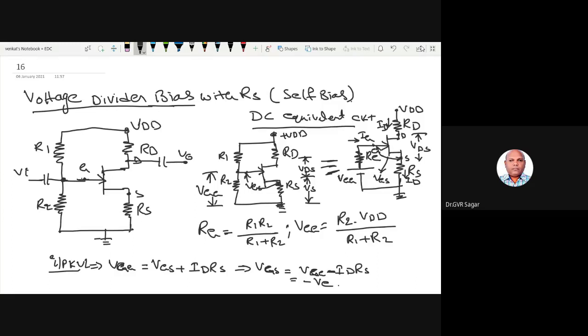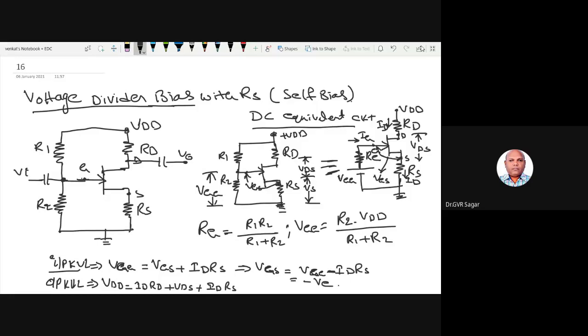And coming to the output cable. So in the output loop, the output law implies that VDD is equal to ID RD plus VDS plus ID into RS.